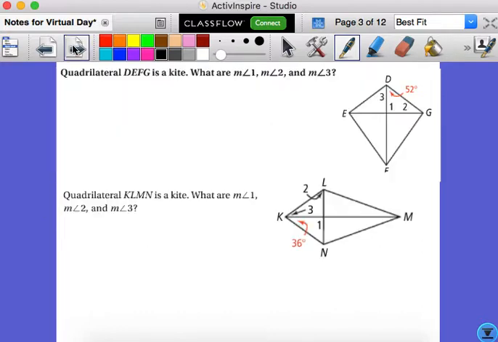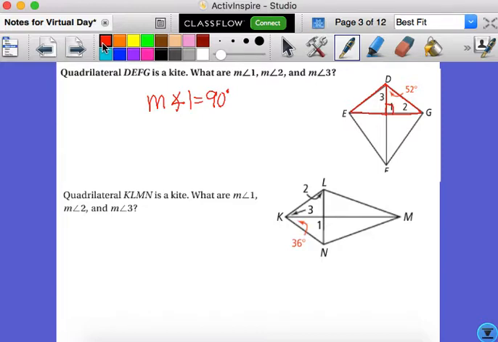So looking at this kite, they want to know what is the measure of angles 1, 2, and 3. So what I'm going to do first is highlight the two triangles that are the same. So I know that those two are my two congruent triangles. And angle 1, since my diagonals are perpendicular, has to be 90 degrees.